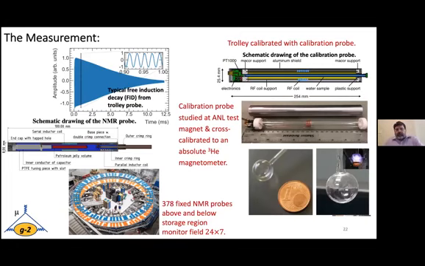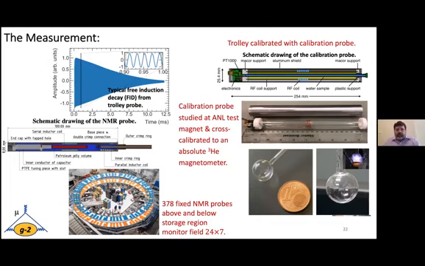But then there's a further calibration step. We have a calibration probe that we usually call the plunging probe. And so what you can do is you can stick that into a spot in the storage region, and then measure what the magnetic field is, retract it, and then move a trolley probe into the same region, and then measure the magnetic field, so you can have a cross calibration.